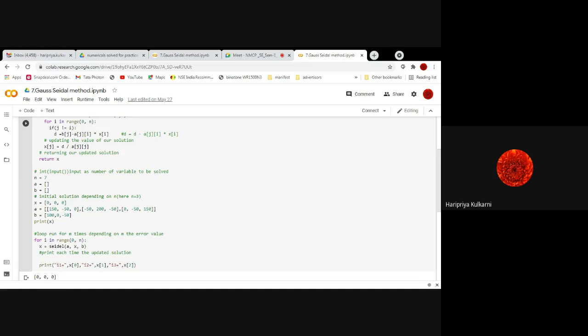And matrix B is nothing but the constants of the equation. So it is one row, three columns. 100 is the constant of the first equation, then 0 and then minus 50.